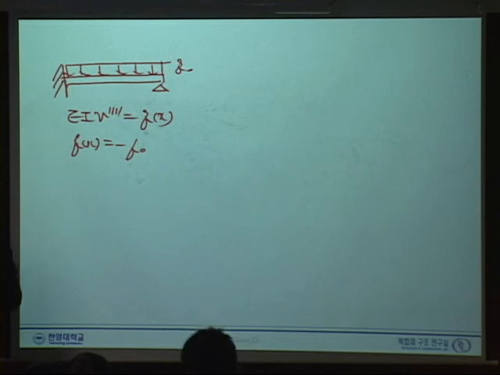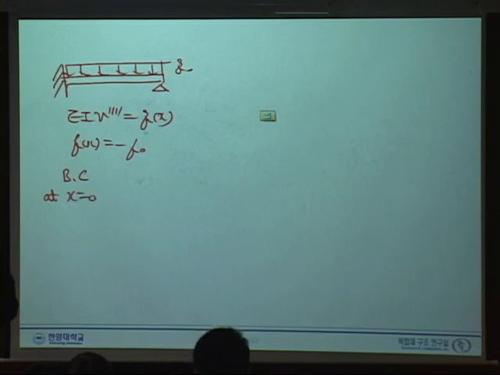And what would be the next step? The next step is the boundary conditions. At x equals 0, what kind of boundary condition do we have here? V equals 0. There's no deflection. And what else? V prime equals 0. There is no slope, right?